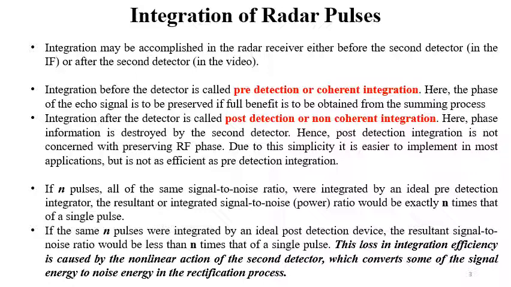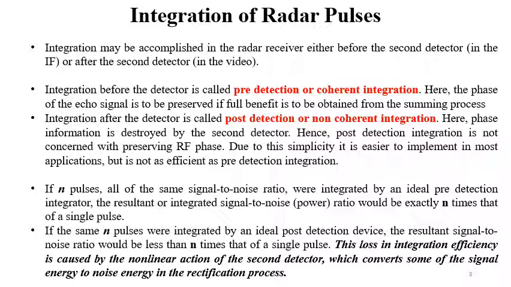So that's the benefit we are going to get. If the same n pulses were integrated by an ideal post-detection device, the resultant signal to noise ratio would be less than n times that of a single pulse. So that means in post detection we have some loss in signal to noise ratio.